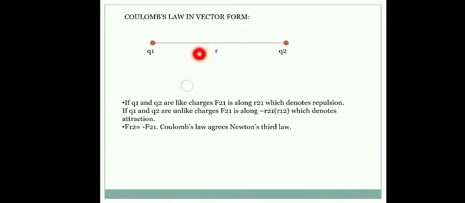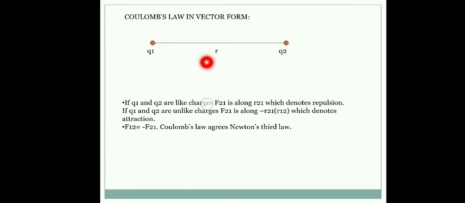So Coulomb's law quantifies the force acting between two point charges. Since force is a vector quantity, it's better to write Coulomb's law in the vector notation. So let's discuss how to express Coulomb's law in vector form.